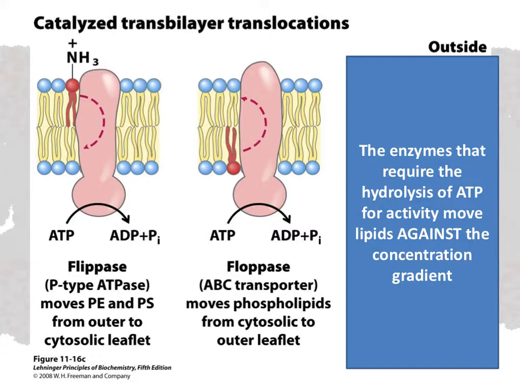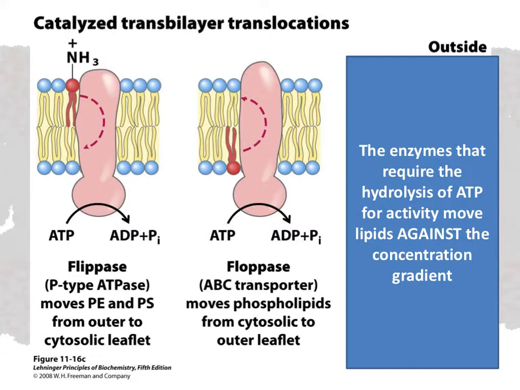So flipase is a P-type ATPase, and it moves phosphatidylethanolamine, this is the abbreviation for it, and phosphatidylserine, the abbreviation for it, which was given earlier in the chapter. It goes from the outside in.